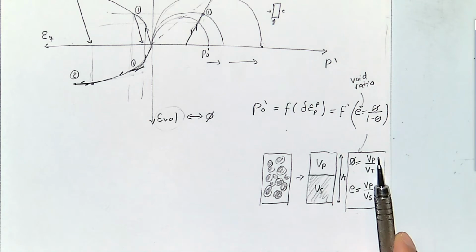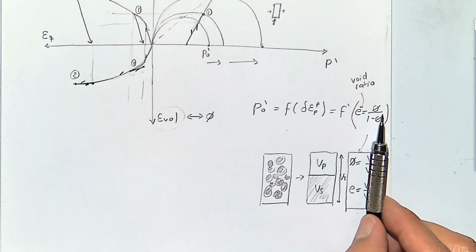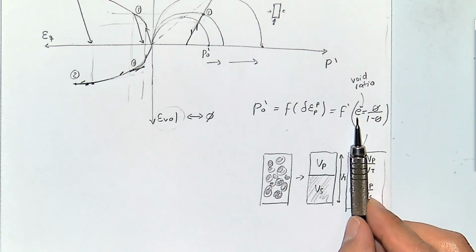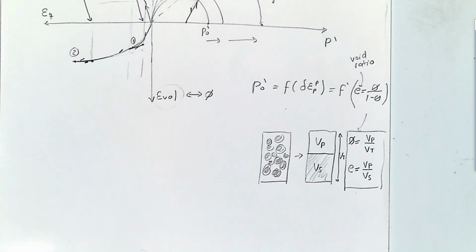And you can work with these equations, taking into account that total volume is volume of the pores plus volume of the solids, in order to show that void ratio is porosity divided by 1 minus porosity. It's actually very easy.